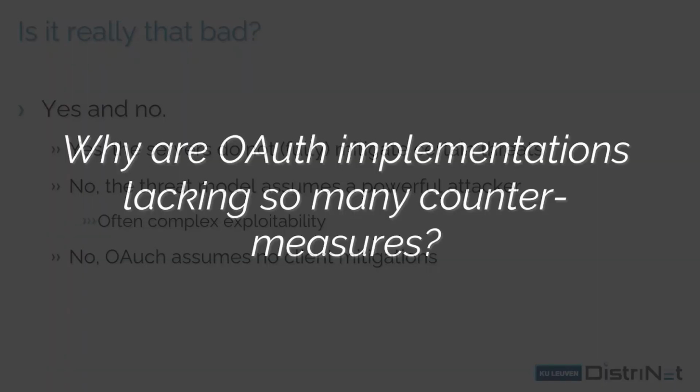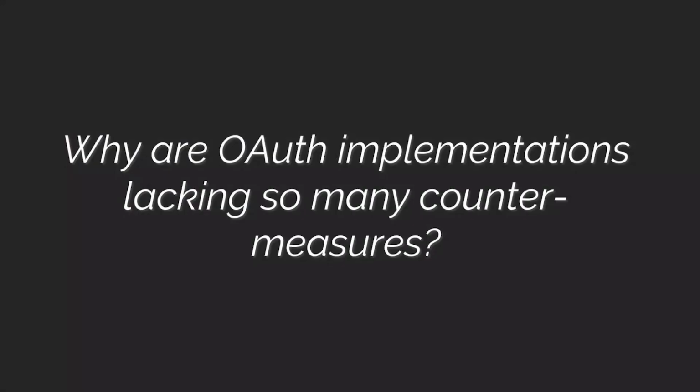Okay. So a second question that arises is, why are these implementations so bad? Why don't they just implement the standard, right? Because OAuth is a security protocol, so you would expect that people take great care in implementing it securely. We thought about this, and we have some potential reasons.